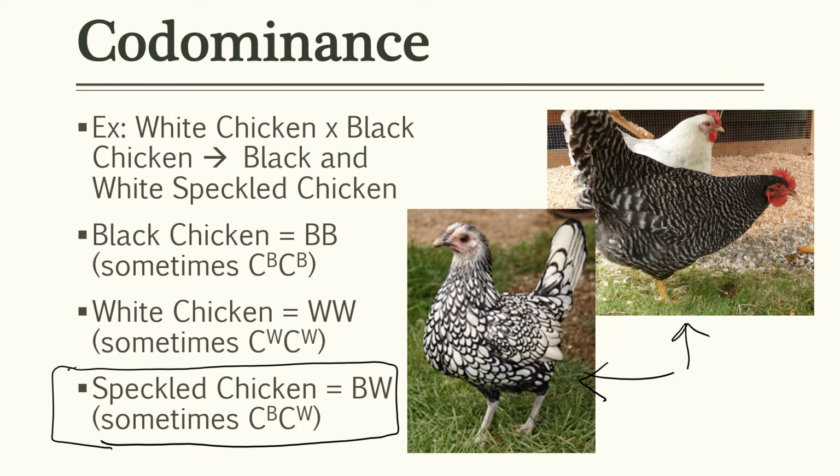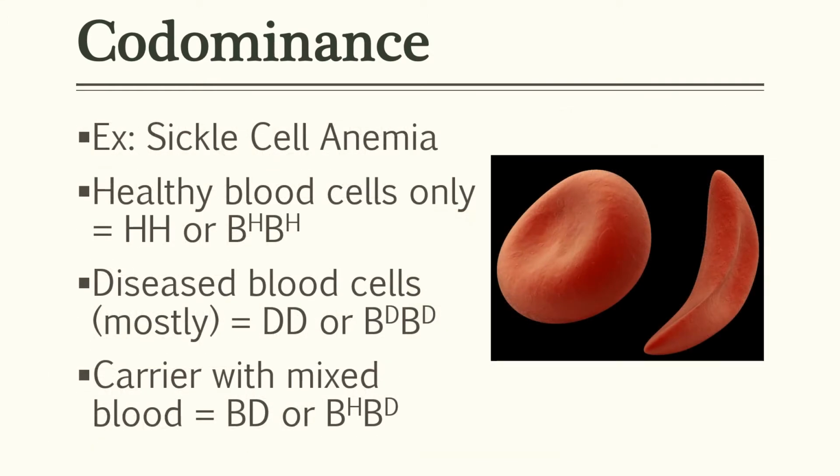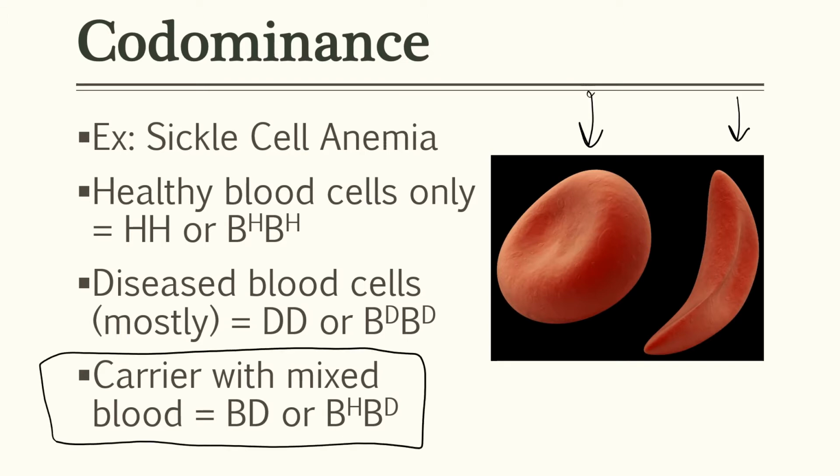They have a mix of black and white feathers. We also see this in our blood cells with sickle cell anemia that we've already talked about. You can have healthy, normal blood cells, or you can have that sickle-shaped blood cell, the diseased blood cell. Or when you are heterozygous, you can get that mixed heterozygous characteristics and get a mix of the blood.